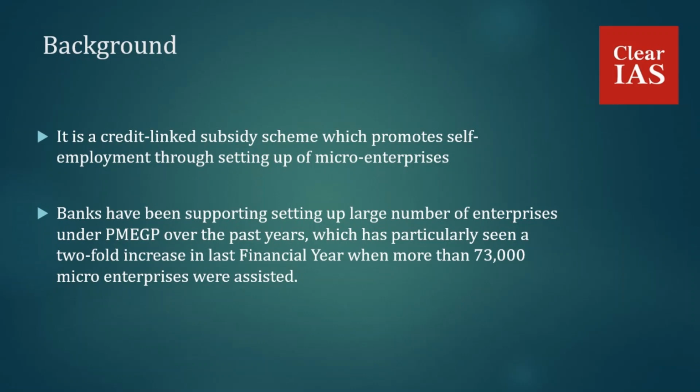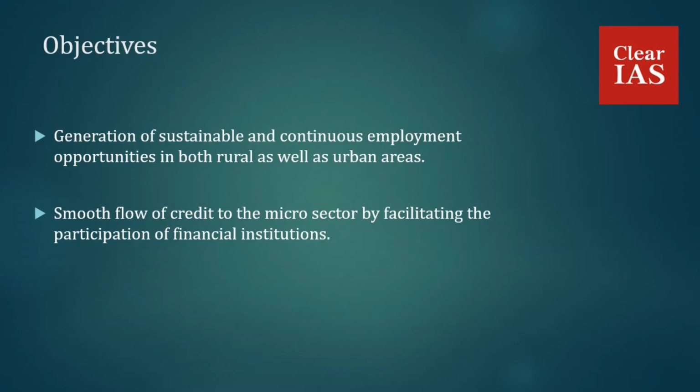Now we will check the objectives. What are the objectives of PMEGP? The first one is generation of sustainable and continuous employment opportunities in both rural as well as urban areas in the country. Second is the provision of sustainable and continuous employment to a wide segment of prospective and traditional artisans and unemployed youth in rural and urban areas by establishing micro enterprises.